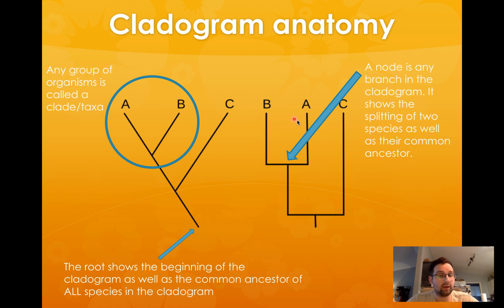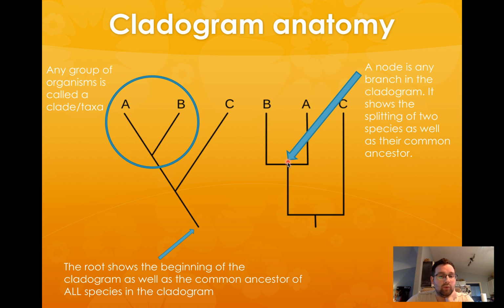It doesn't matter, because if you trace them back, this is called a node, right here. This is where you have a splitting, a branch in your cladogram, and that represents some kind of speciation event, right? So we could say A and B are dogs and wolves. Dogs split off of wolves some 10,000 years ago-ish, and that node, the splitting, is that event.